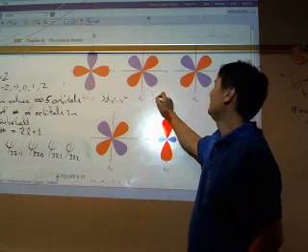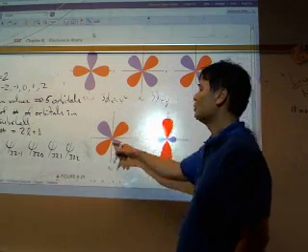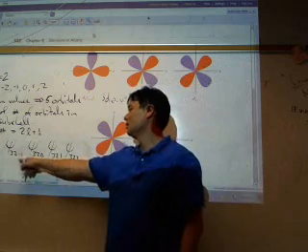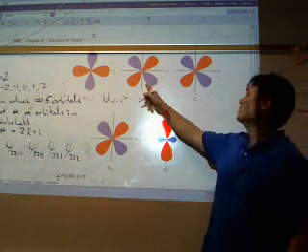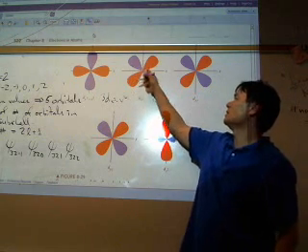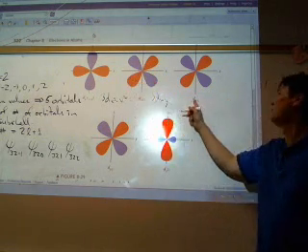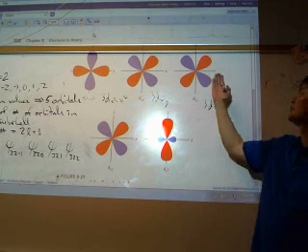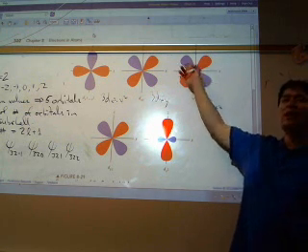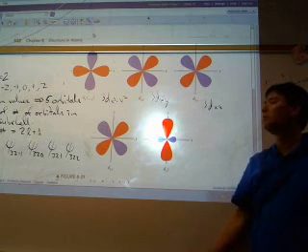This one's called the 3dxy, and that corresponds to one of these here. The 3dxy has the lobes between the x and y axes. And then we have the 3dxz. We look at the xz plane and put the lobes between the axes in the xz plane.